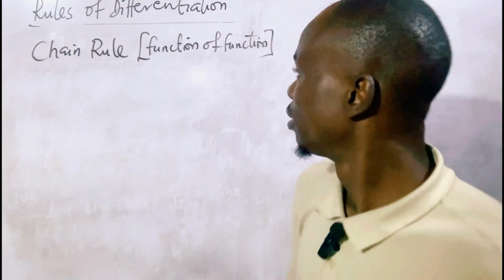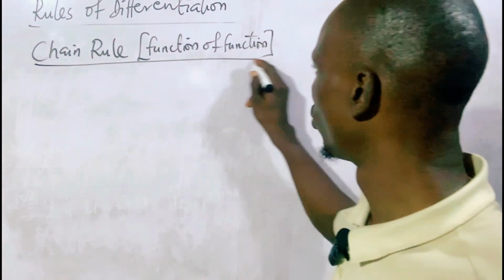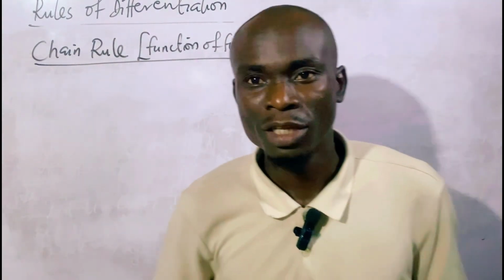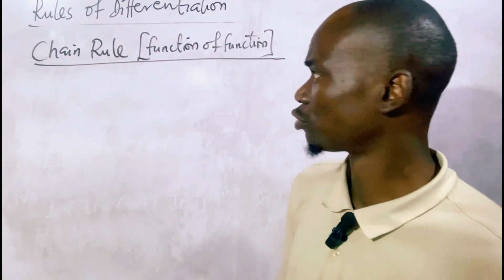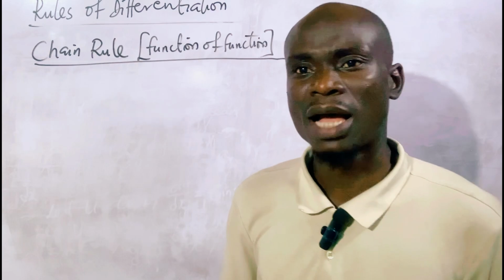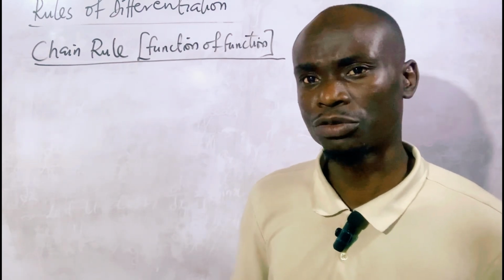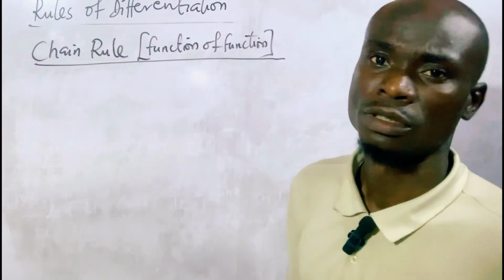This is going to be the fifth rule of differentiation, usually called the chain rule. In this series, we are looking at the last rule of differentiation, also referred to as function of a function.